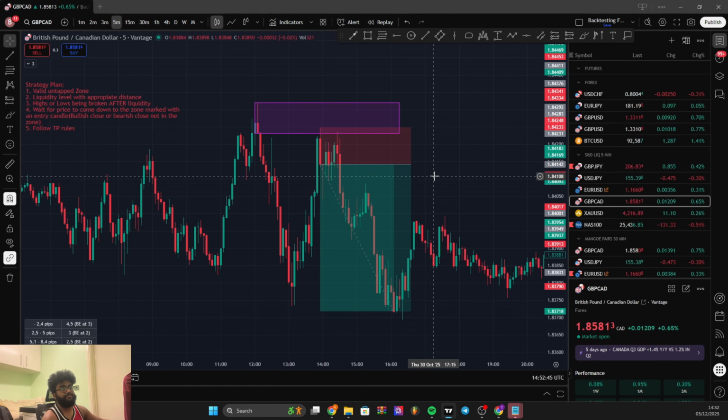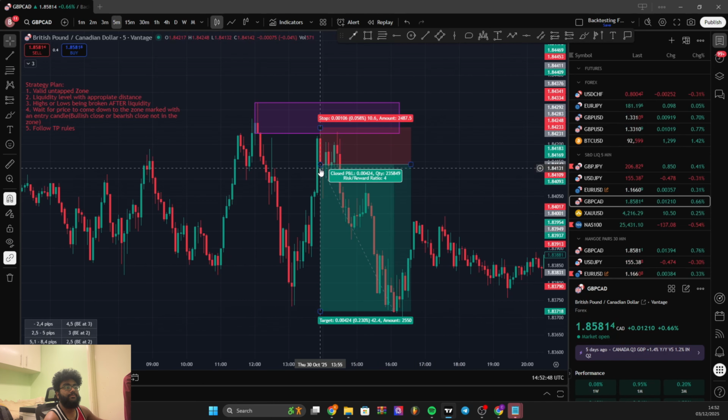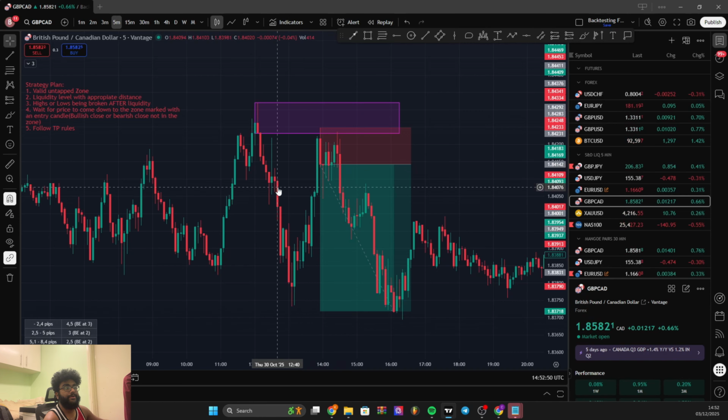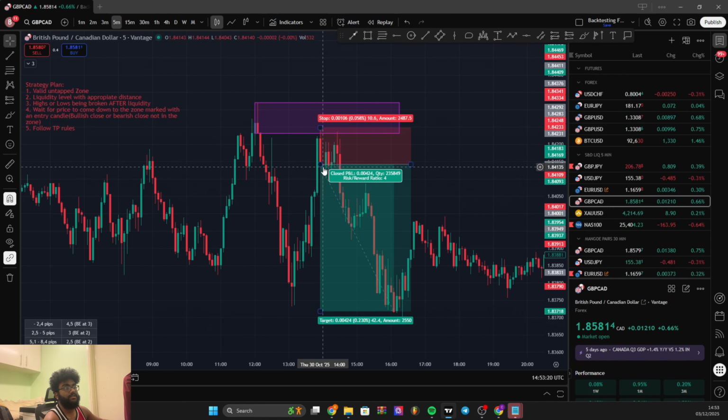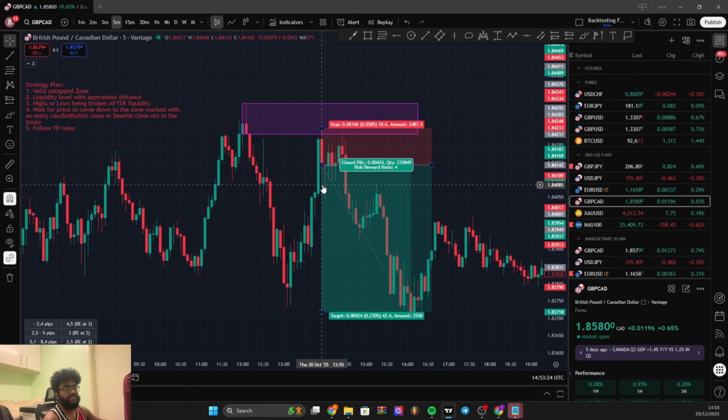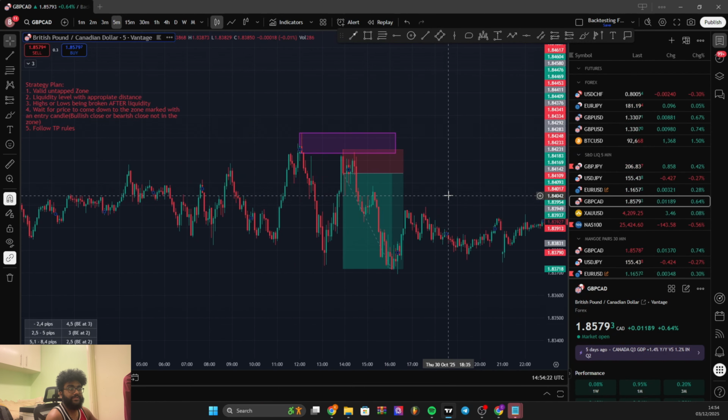This is the type of entry you would take if there is no 15-minute flip or no 1 hour or 30-minute flip, etc. In this case, I did take a 5-minute candle closure. As you can clearly see, it's 155. There was no 15-minute candle, so this was a standard entry. I'm going to show you some other entries that I've used.